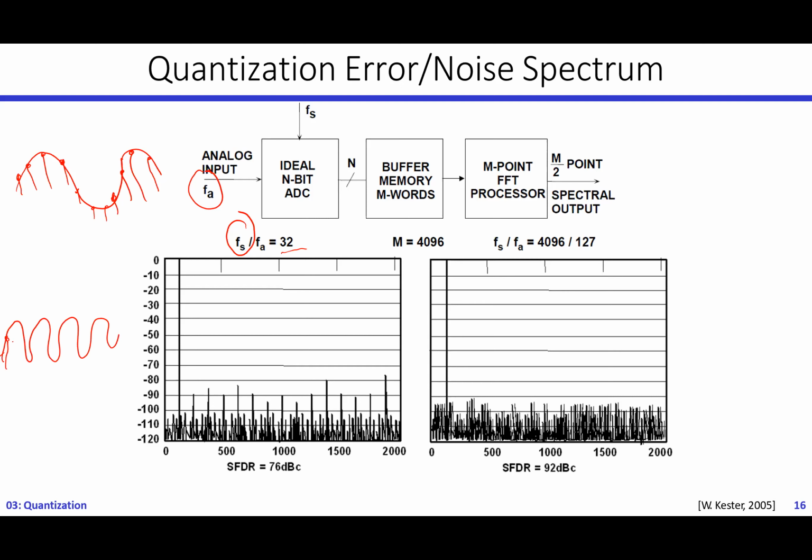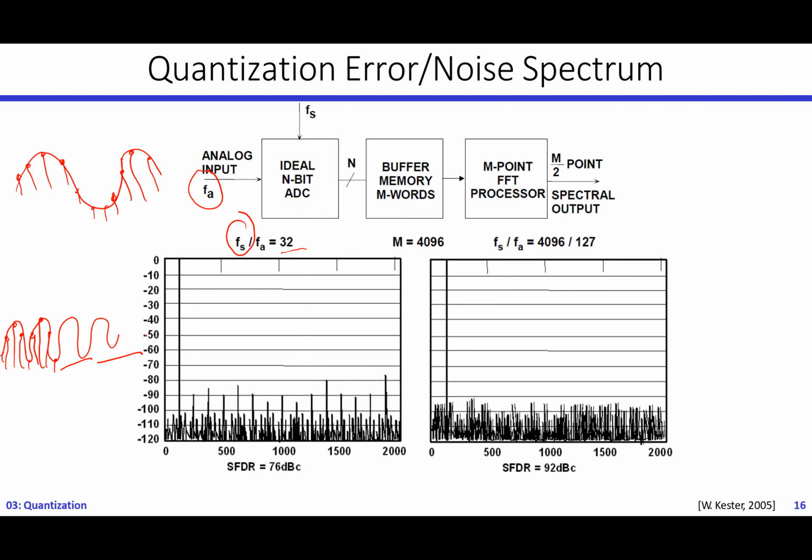In this cycle, I will sample here, here, here. In the next cycle, I will sample at exactly the same locations, here, here. My drawing is not so accurate, but this is what's going to happen. It will happen the same here and here. So I will sample at exactly the same location every time. Is that part clear?